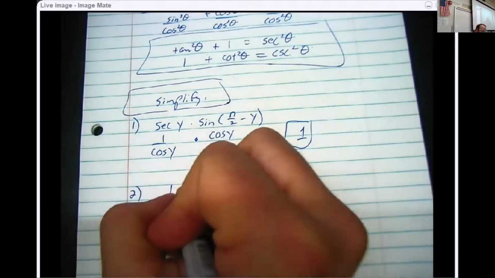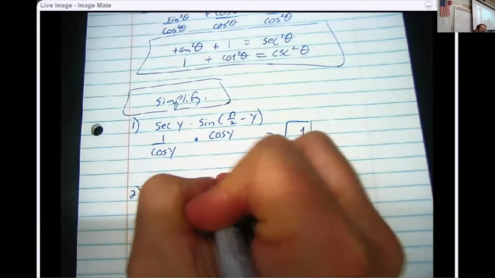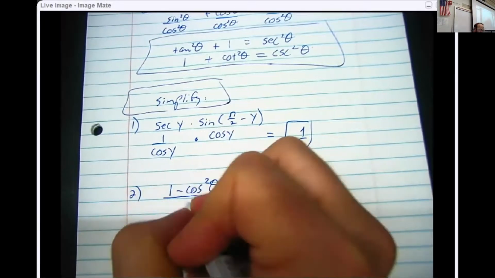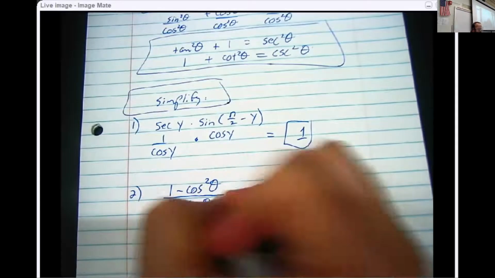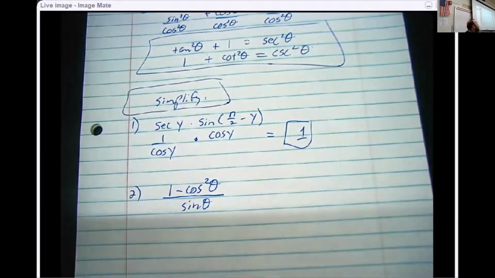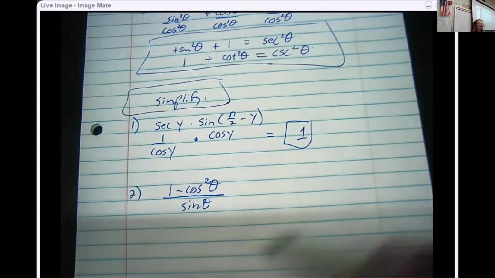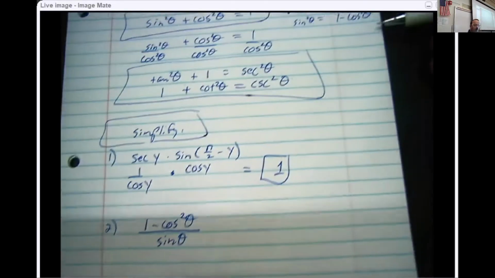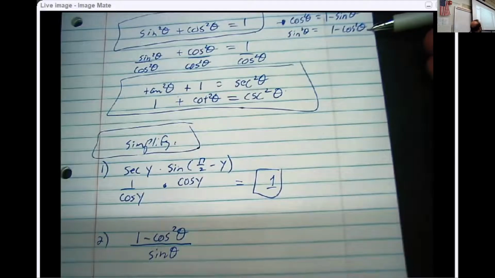What is 1 minus the cosine squared over the sine? Now, does that look a little bit complicated, like an expression? That looks kind of nasty, doesn't it? But let's look right up here. What did we say was 1 minus the cosine squared?